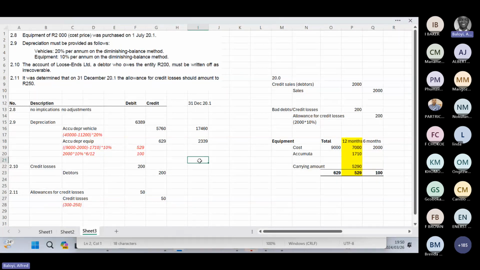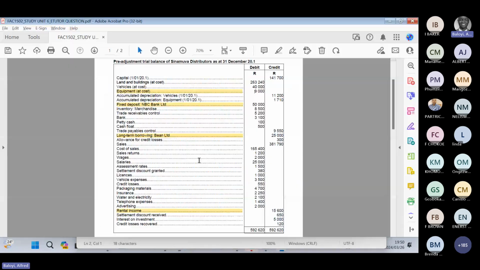Okay. So 2.11, right? At the end of the year, you have this allowance for credit losses.